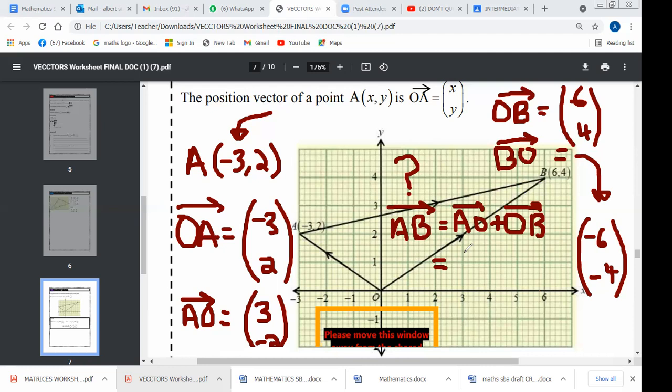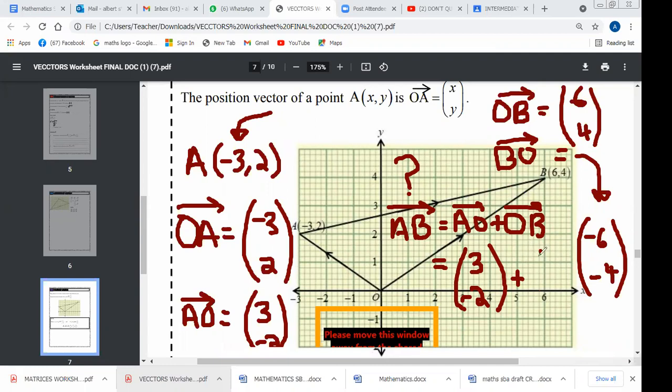It's to the left of the screen. A to O is what? 3 and -2. Very good. Plus O to B. Hold on. Oh, yeah. I thought I made a mistake a while ago. I thought I used OA, but it's actually AO.